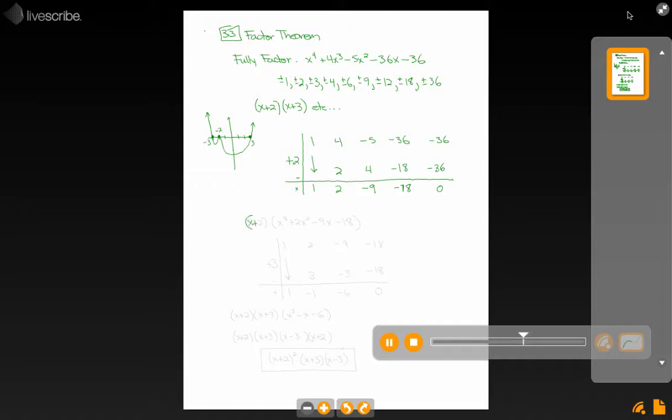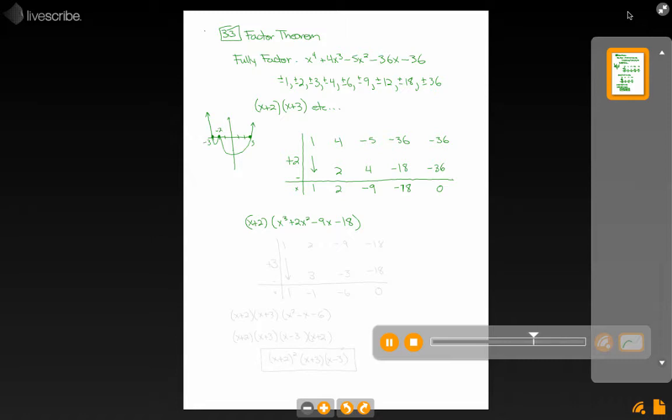so I know that x plus 2 times x cubed plus 2x squared minus 9x minus 18 is equal to my polynomial. But I also know more factors. Like I said, I know that x plus 3 is a factor.